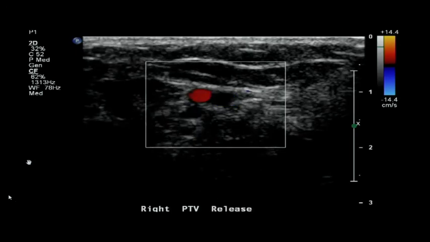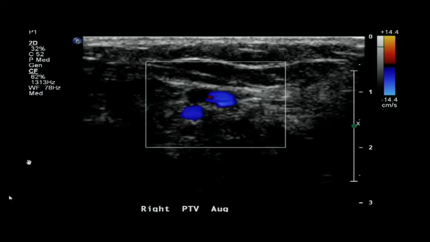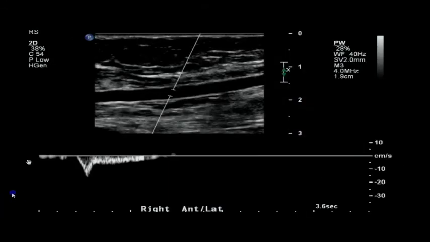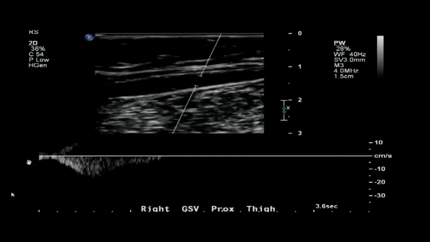You can see the sonographer actually just does a color Doppler image of the calf veins to prove there's the augmentation and there's no reflux or flow determined after release of the calf. Competency is also proven at the anterior lateral branch of the great saphenous and the great saphenous through the thigh.